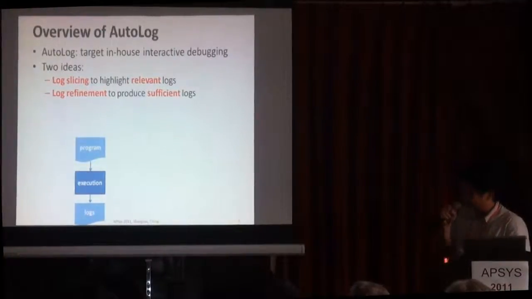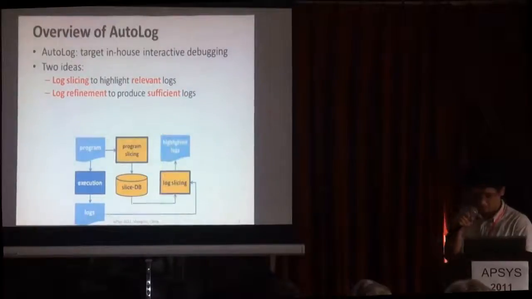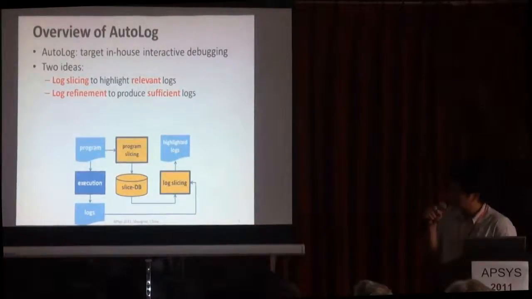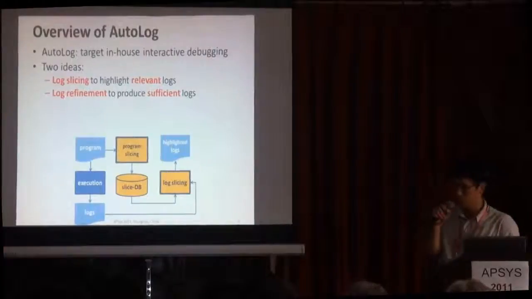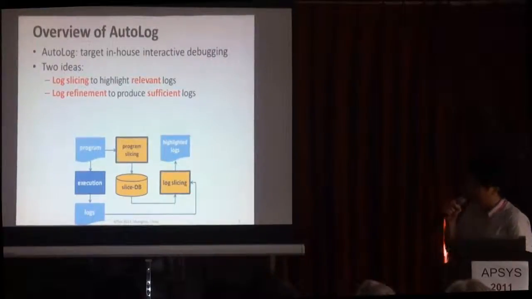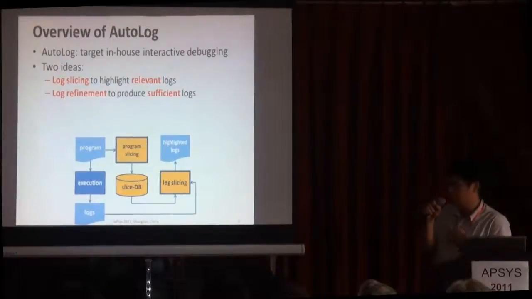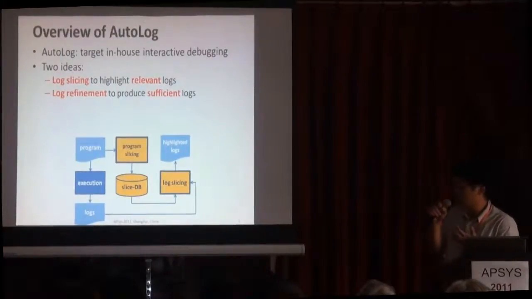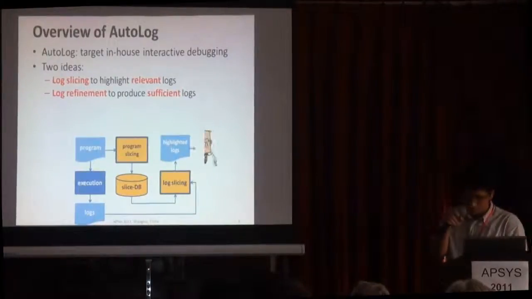Then the program source code along with the logs will be processed by the log slicing component. Here, the program slicing component and SliceDB are designed to accelerate this process, and details of this component will be explained shortly. The result of the log slicing component is a group of highlighted logs, which is supposed to be a small part of all the logs, and they will be presented to the developer.